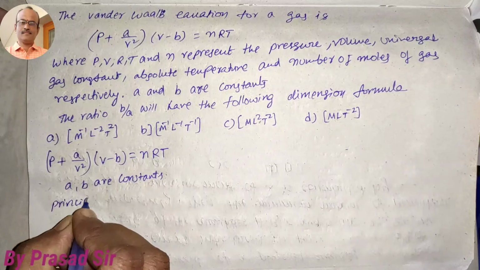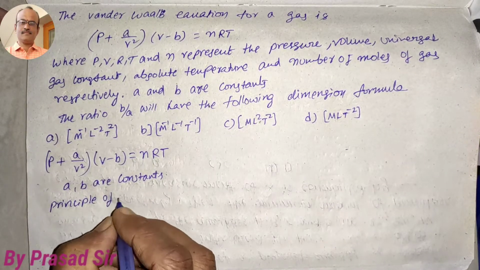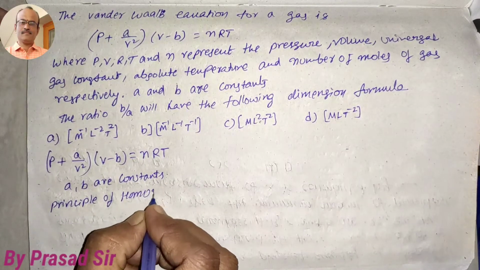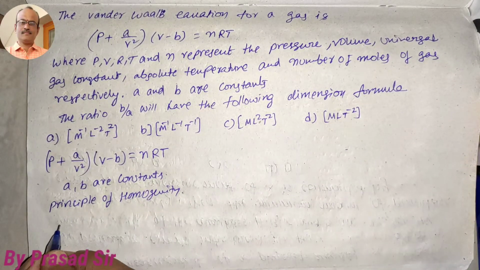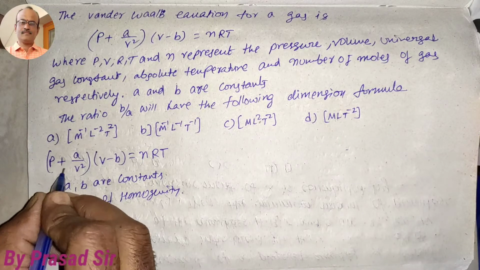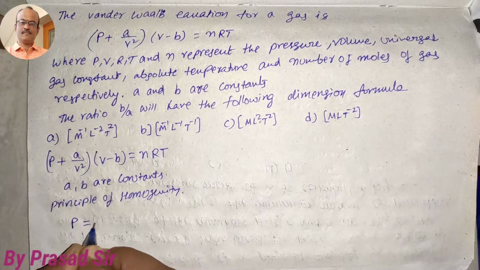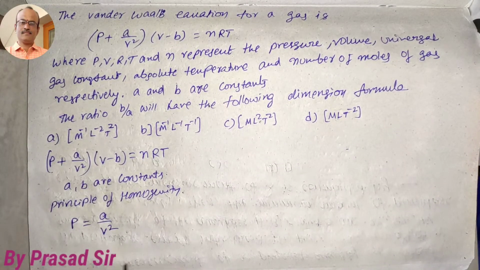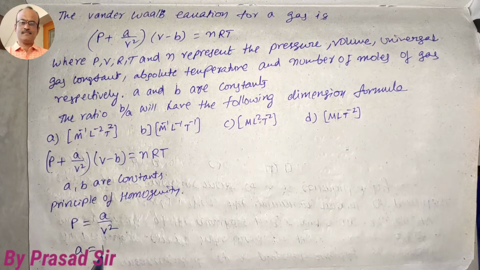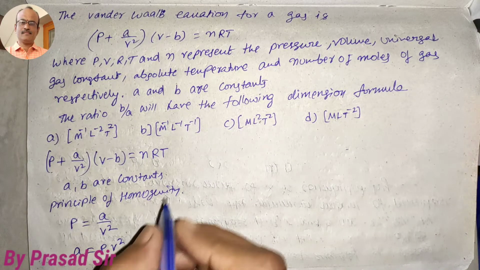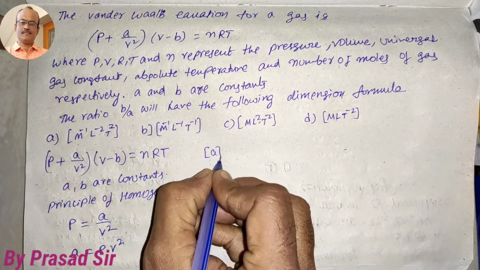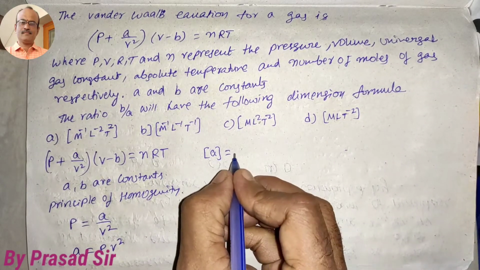The principle of homogeneity. According to the principle of homogeneity, I will take this P + a/V². That means P is equal to a/V², so a is equal to P times V². But I want to write the dimensional formula for a.